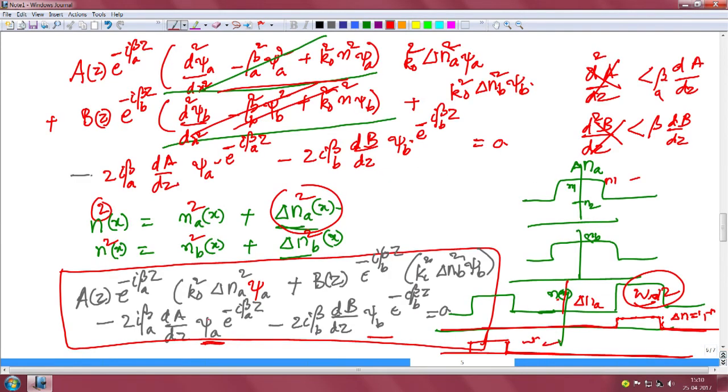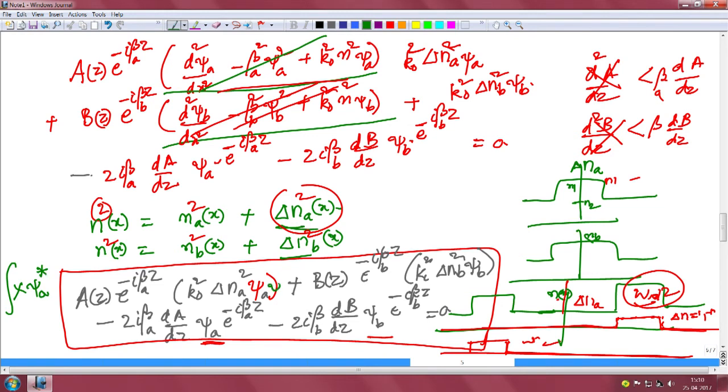So, I will rewrite this expression again, first using a different color to multiply and then later erase. So, multiply by psi A star and integrate.